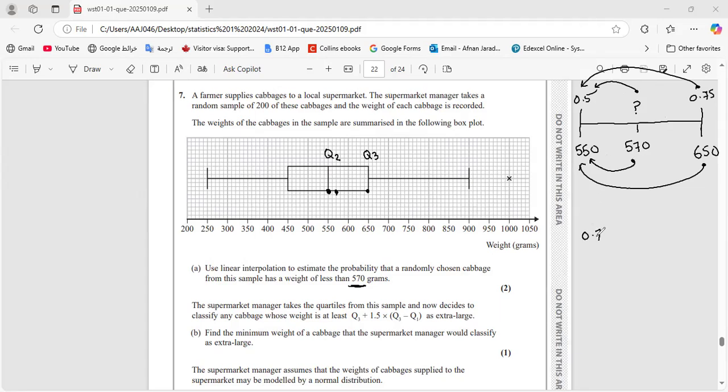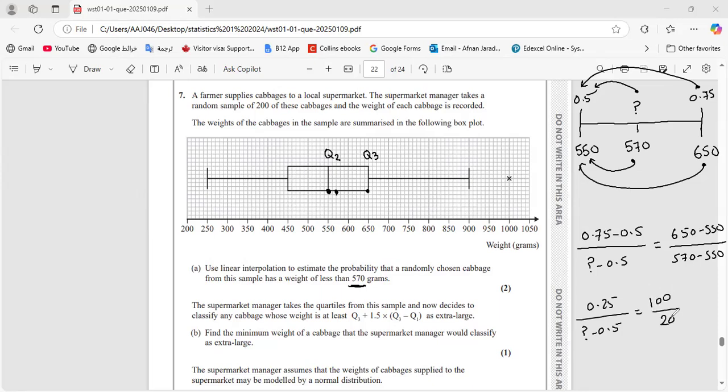So 0.25 divided by question mark minus 0.5 equals 100 divided by 20.